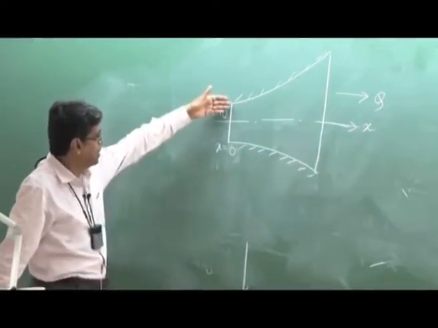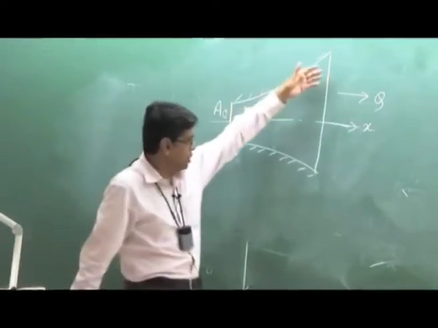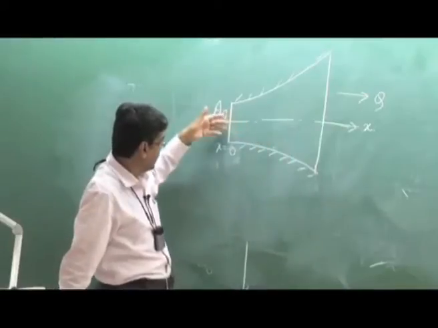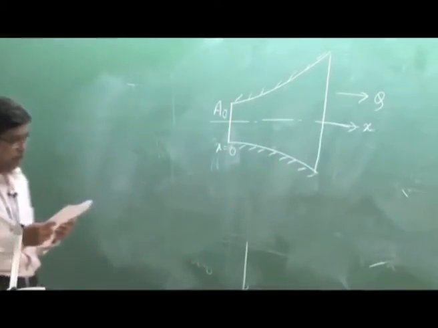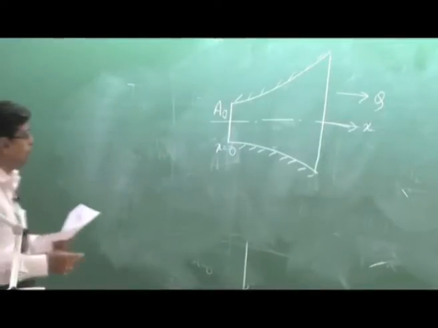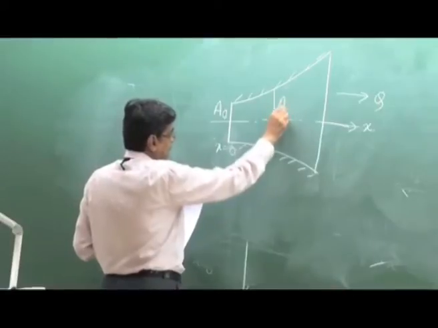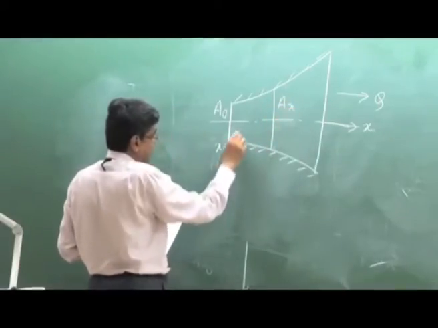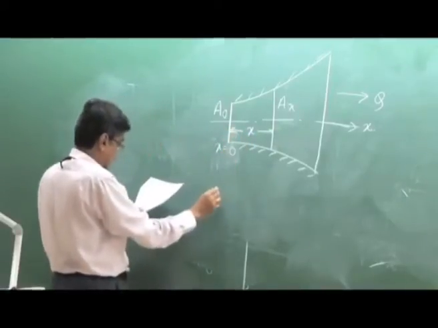Some constant temperature is maintained at this face and some constant temperature at this face. Temperature at this face is more than this face, which is not prescribed in the problem. What is prescribed in the problem is that A(x), at a distance x, is a function of x.